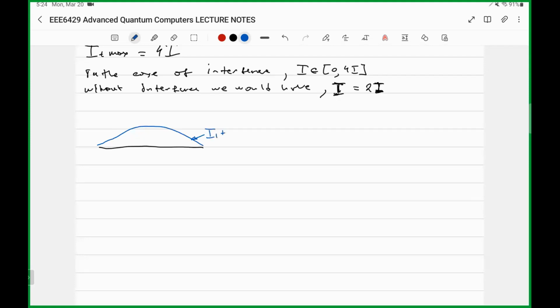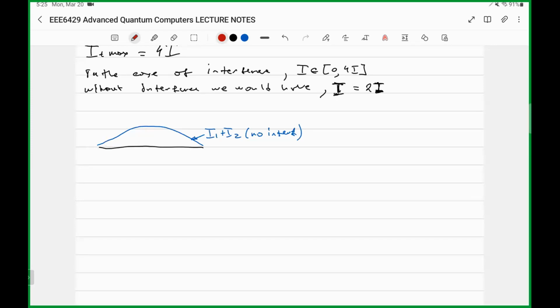So it's just I1 plus I2. So there's no interference. But with interference, I have this cosine phi, which oscillates as a cosine function, right?